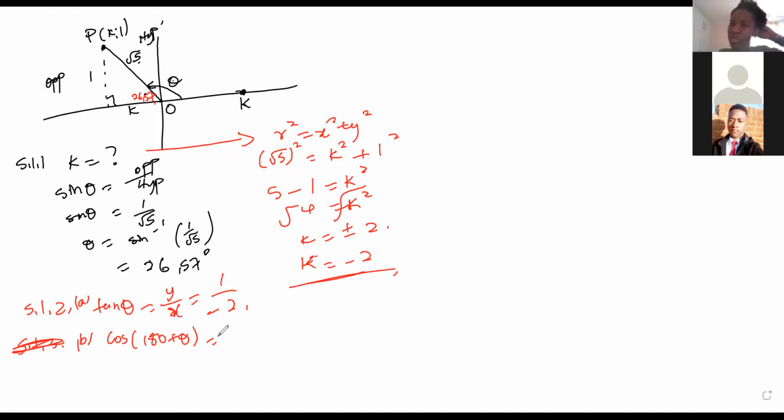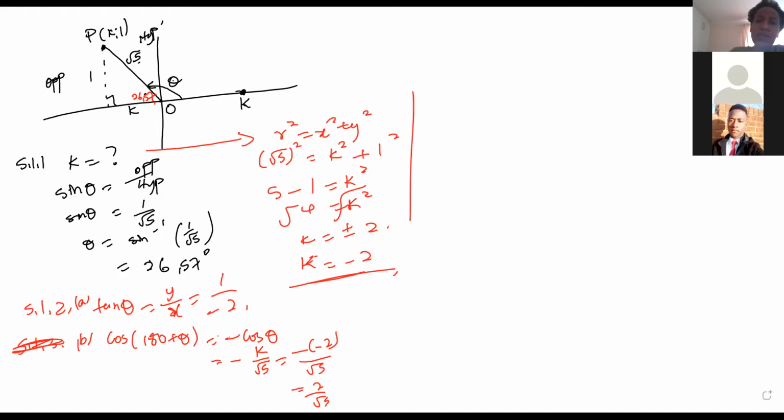If you remember from the notes we did earlier, cos(180 plus theta) is a negative cos because cosine is negative in that third quadrant. So cos theta is K over hypotenuse, which is root 5, and our K is minus 2. That means we have 2 over root 5.